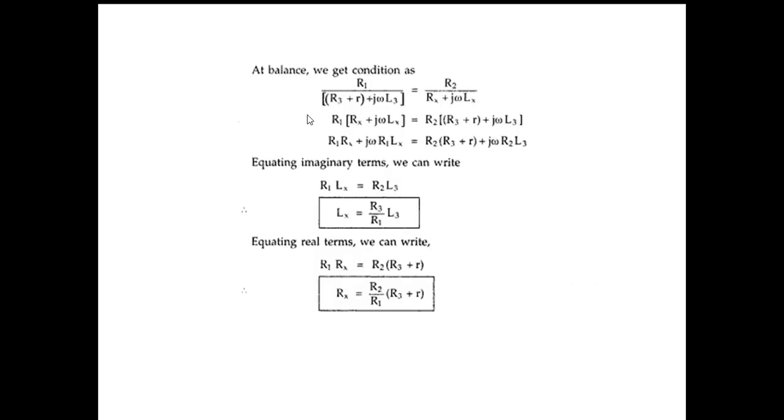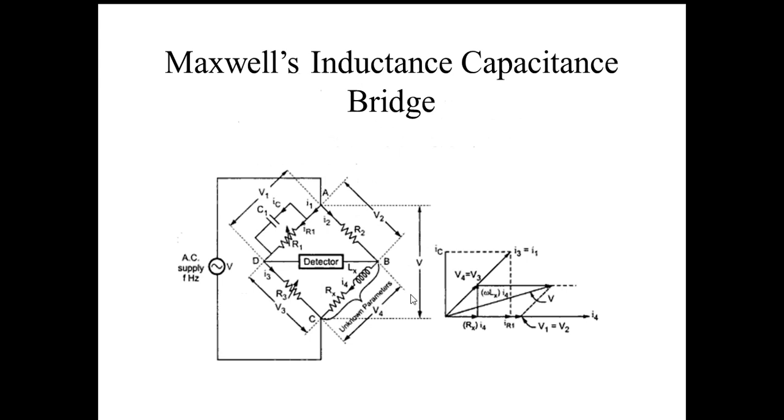On evaluating, you are going to get the value of LX and RX. LX is just the same as it was in the earlier case. RX would become different because the presence of the small internal resistance of your inductor L3 would also come. This is the difference. Now coming to the Maxwell inductance bridge, I already told you the difference between the two.